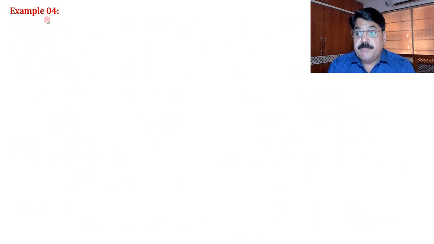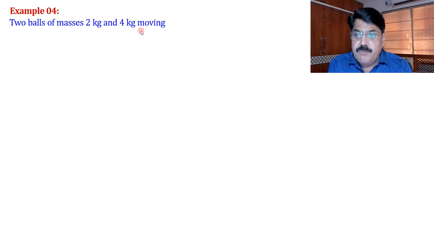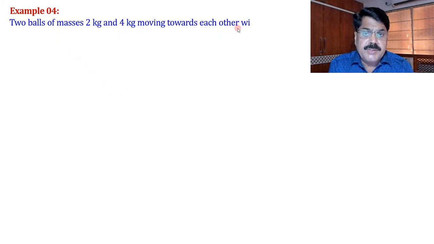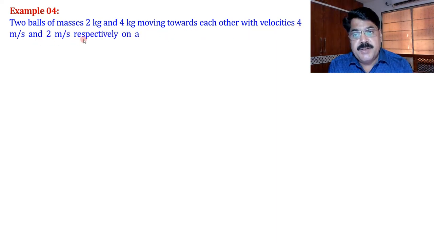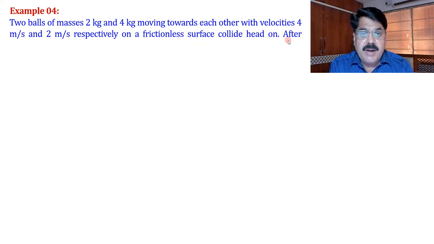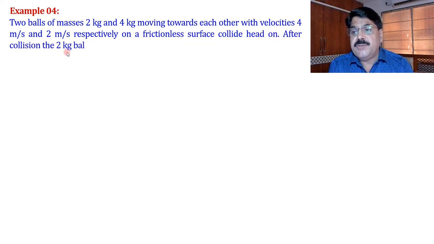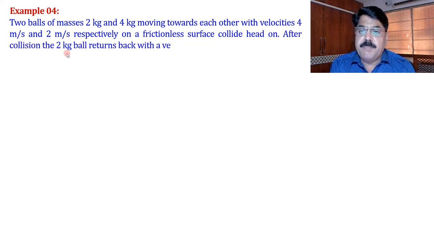So we come to example 4. Two balls of masses 2 kg and 4 kg, moving towards each other with velocities 4 meter per second and 2 meter per second respectively on a frictionless surface, collide head-on. After collision, the 2 kg ball returns back with a velocity of 2 meter per second.